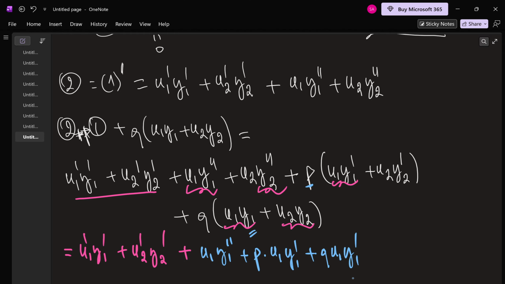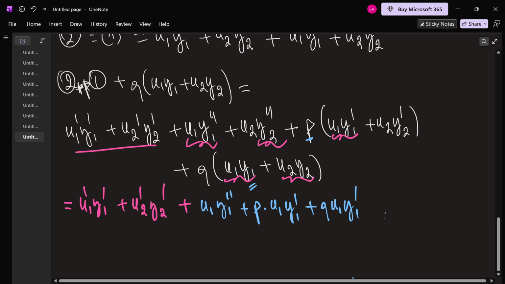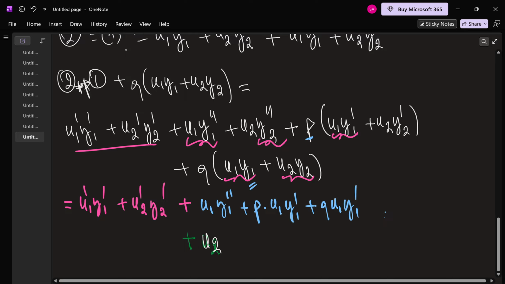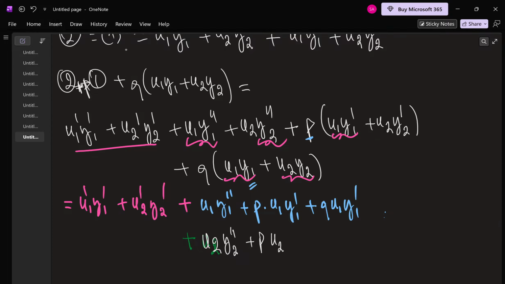Okay, and then the second one I will change to another color, which is this one, u2. So next you have u2 y2 double prime plus p u2 y2 prime plus q u2 y2.